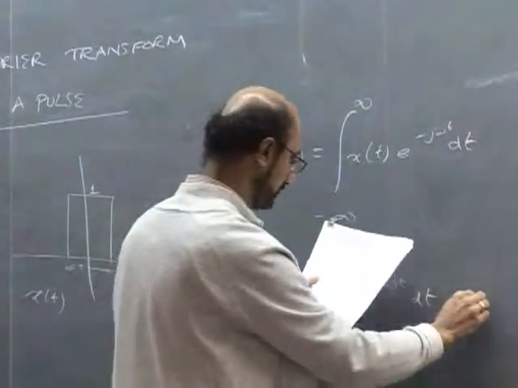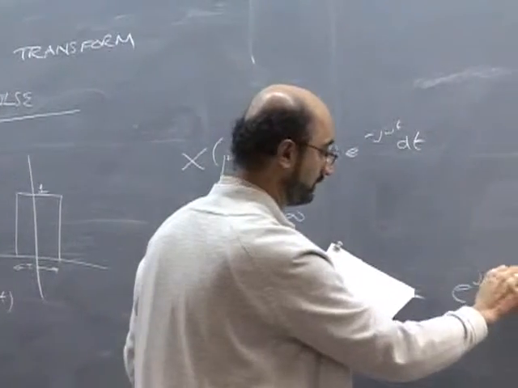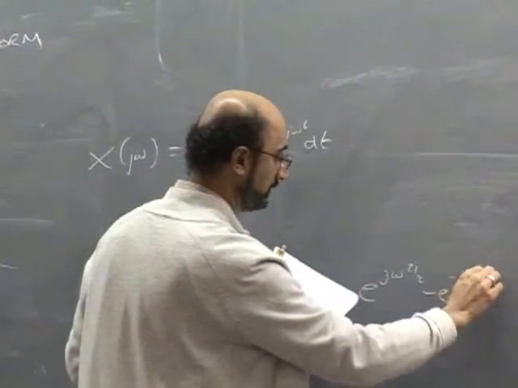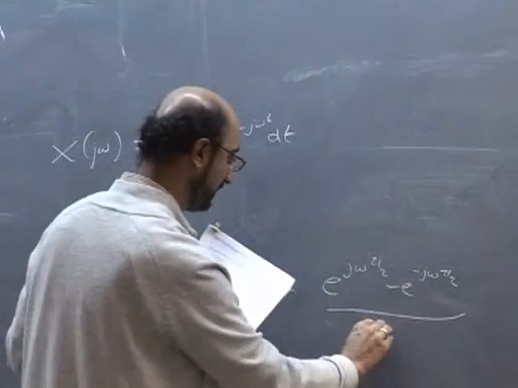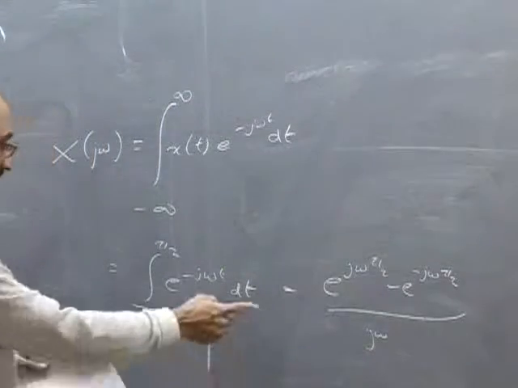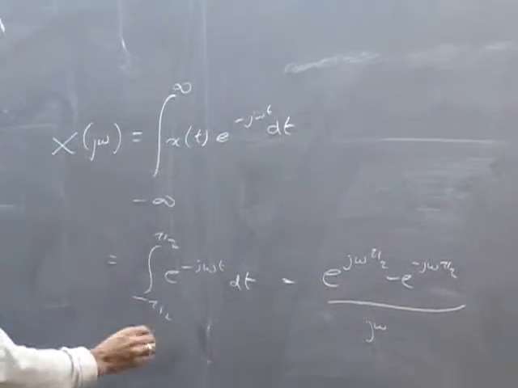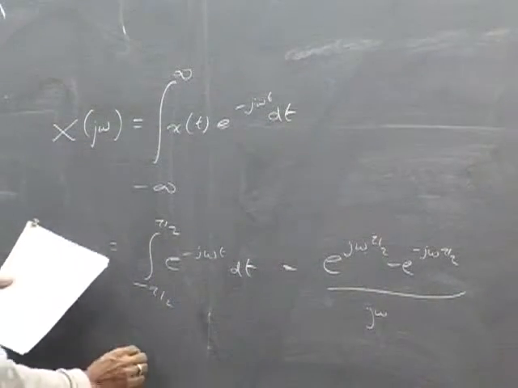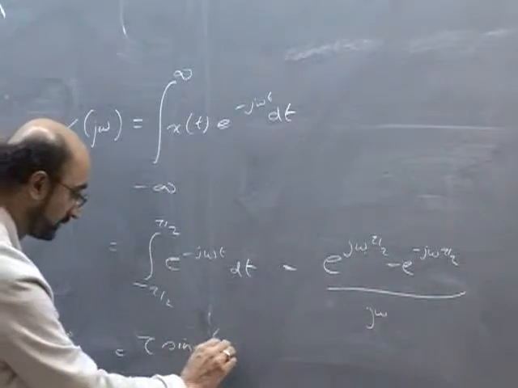And this is nothing more than e to the j omega tau by 2 minus e to the minus j omega tau by 2, over j omega. And we notice this as being the sinc function, sine x by x, and with a little bit of simplification, we get essentially tau sinc of omega tau by 2.